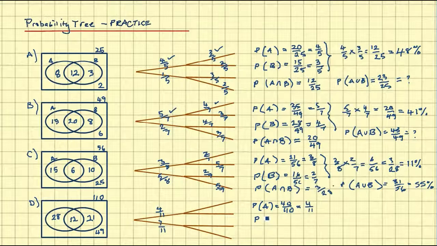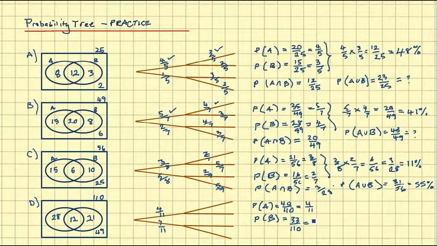Okay, probability of B. Well, probability of B must be 12 add 21, so that's 33 out of 110.